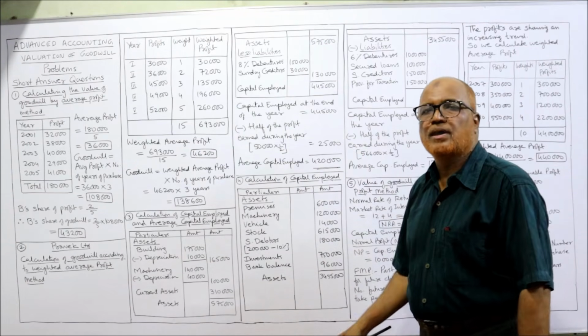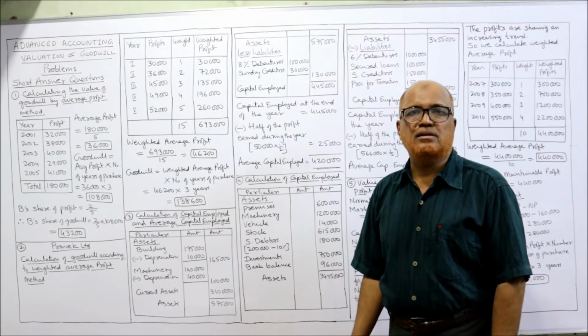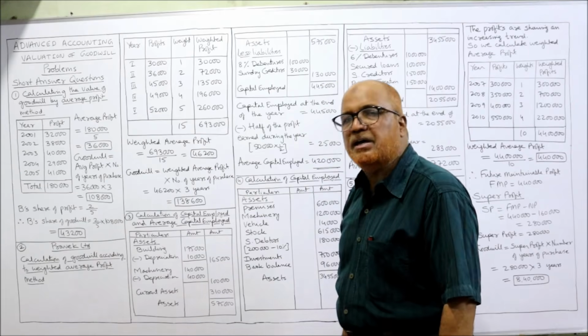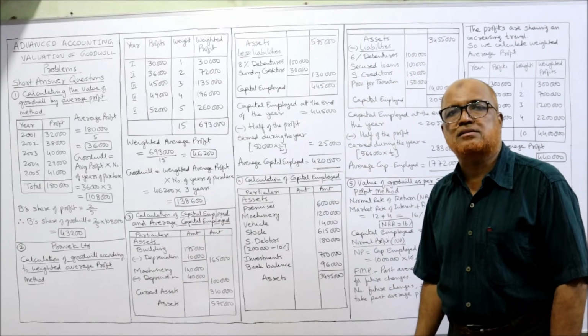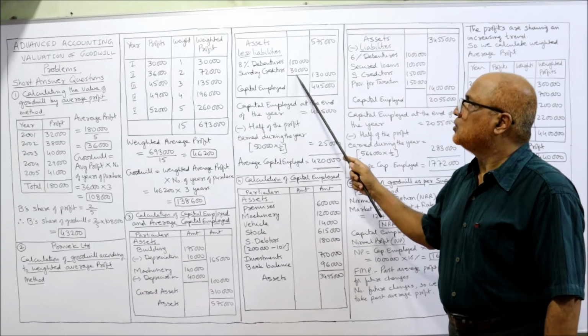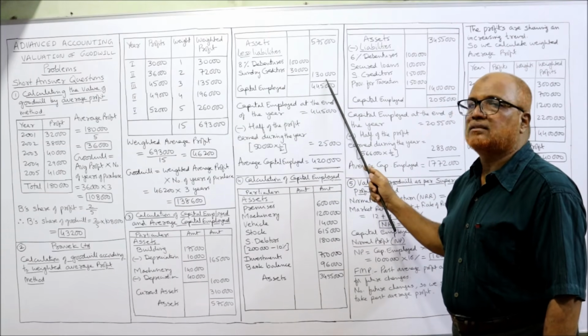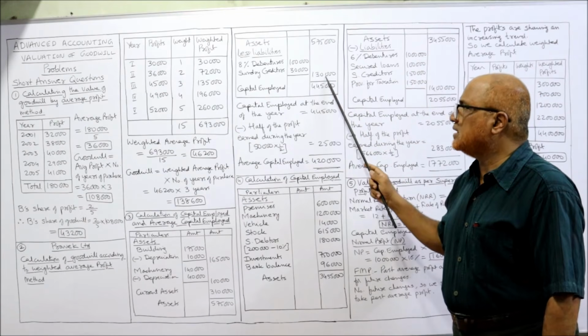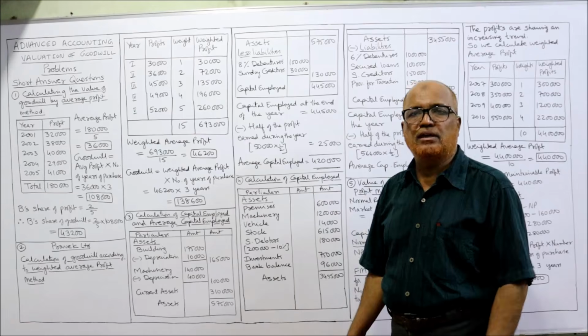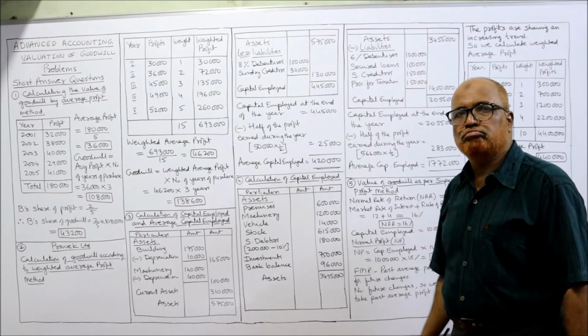Total of assets minus outside liabilities. In our problem, outside liabilities are only 2, that is debentures and sundry creditors. Debentures are 1 lakh, sundry creditors 30,000. Total outside liability is 1,30,000. So assets minus liabilities gives capital employed at the end of the year, 4,45,000.